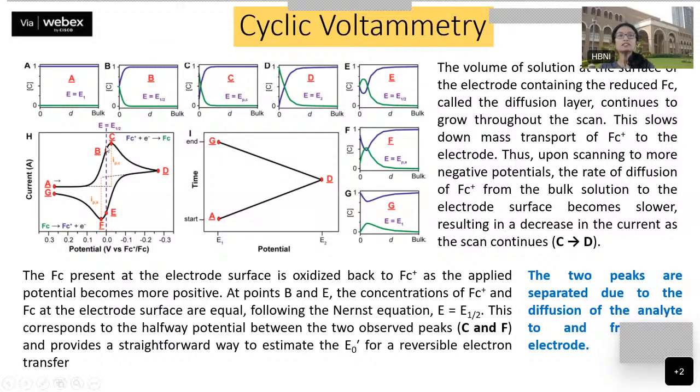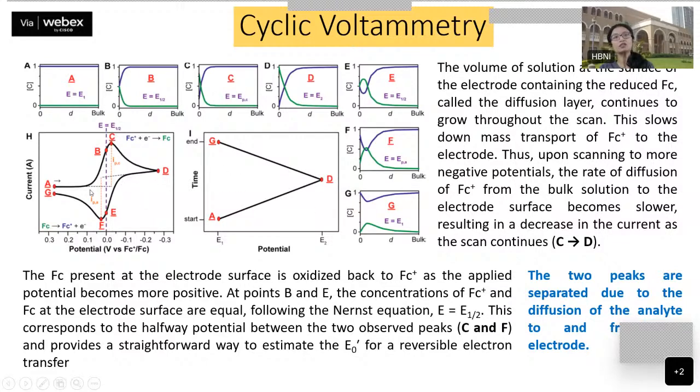When it reaches this point, you have the maximum amount of the ferrocene form. This prevents the ferrocenium ion from the bulk from being transported to the electrode. So upon scanning to more negative potential, the rate of diffusion of ferrocenium ion from the bulk to the electrode surface becomes lower, resulting in a decrease in the current.